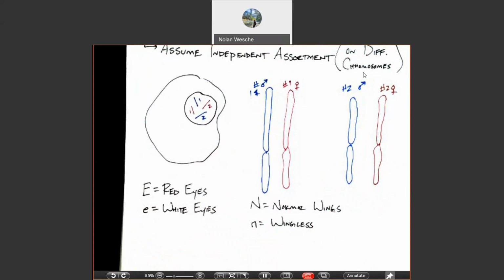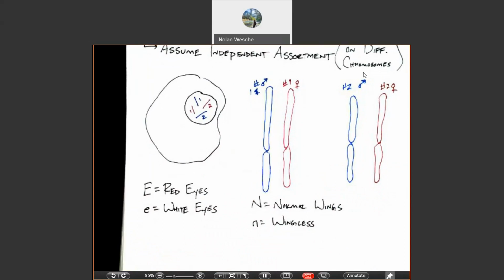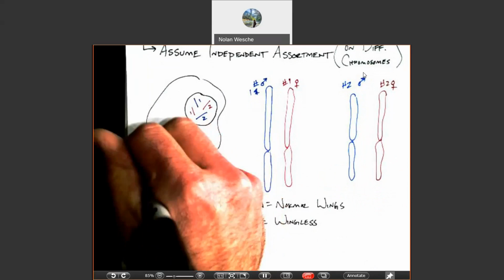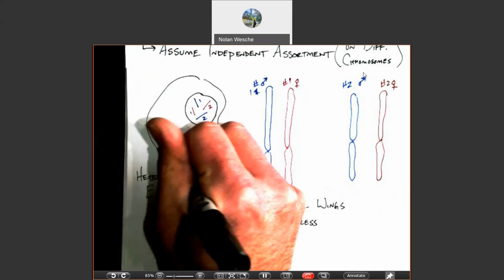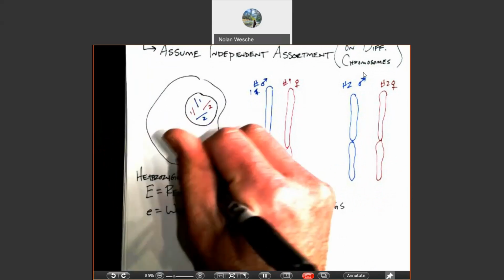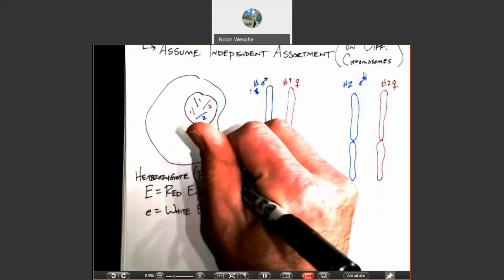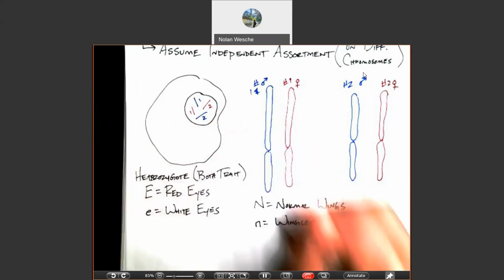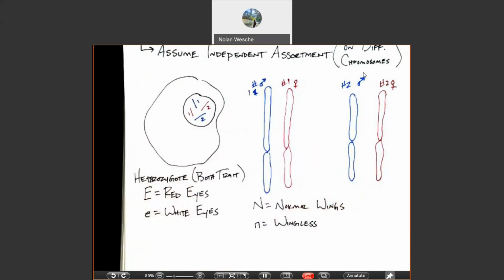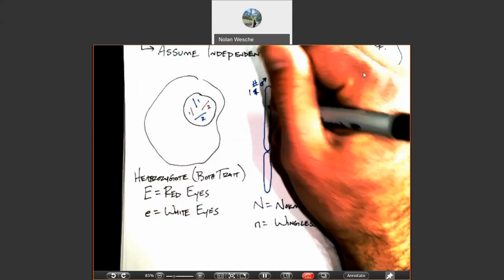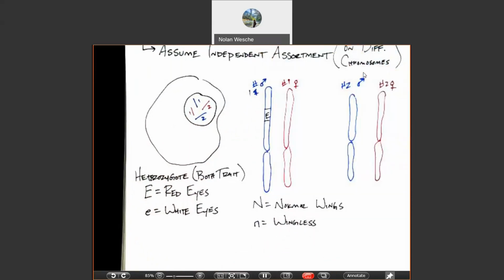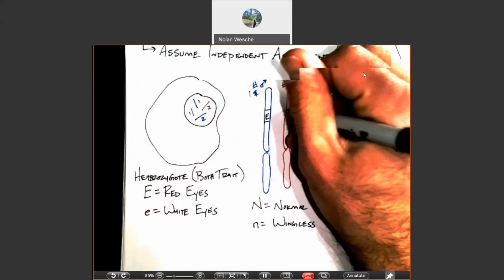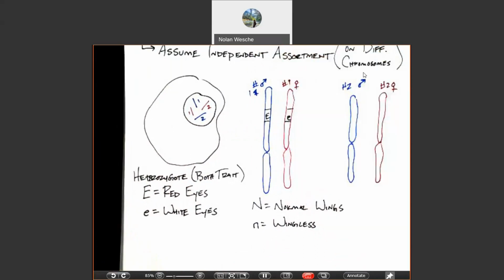So let's say that we're looking at an individual here that is a heterozygote, which means they have both versions of each trait. So what that looks like would be on the chromosome for eye color, we're getting a red eye allele and a white eye allele, heterozygous for eye color.